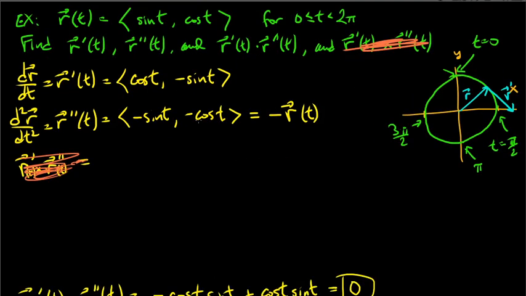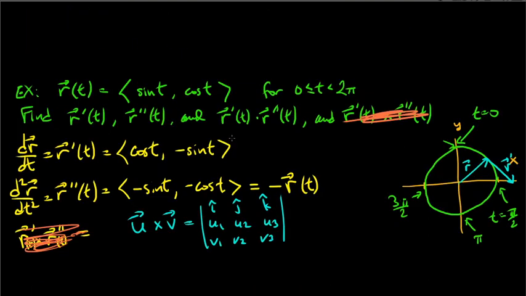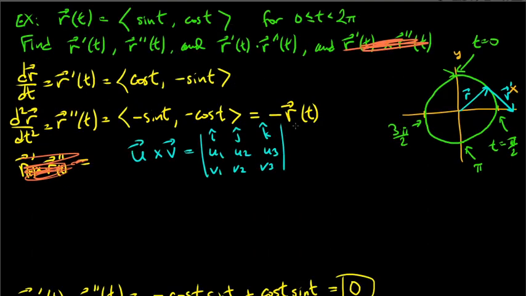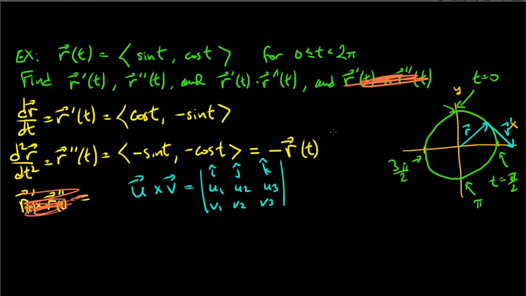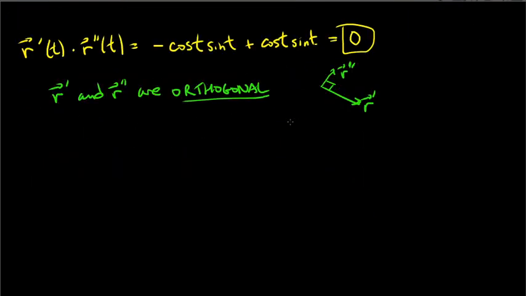Remember, the cross product is only defined for vectors in space, because they have to have an i component, a j component, and a k component. These don't, so we're done with that. That's unfortunate, but you can still take the dot product, whether they're vectors in space or in the plane.